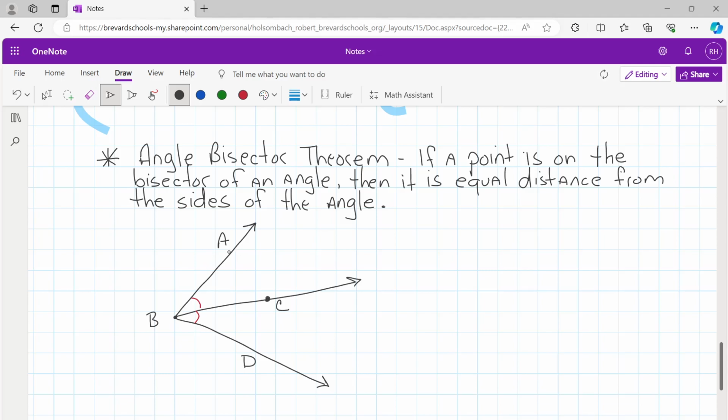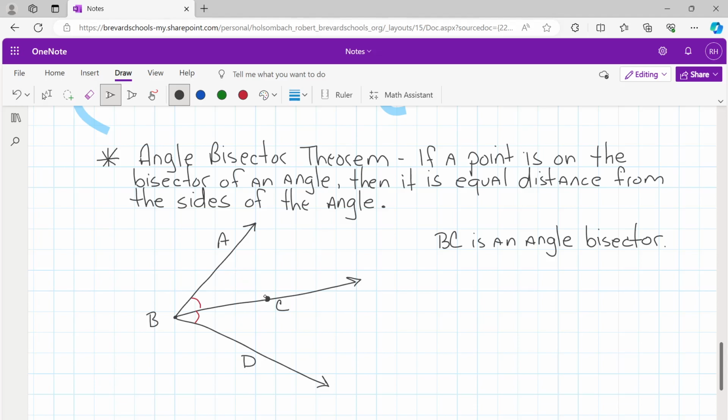So if ABC is congruent to CBD, then that makes BC an angle bisector. And this theorem states that if BC is an angle bisector, any point that's on the angle bisector is equal distance from the sides of the original angle.